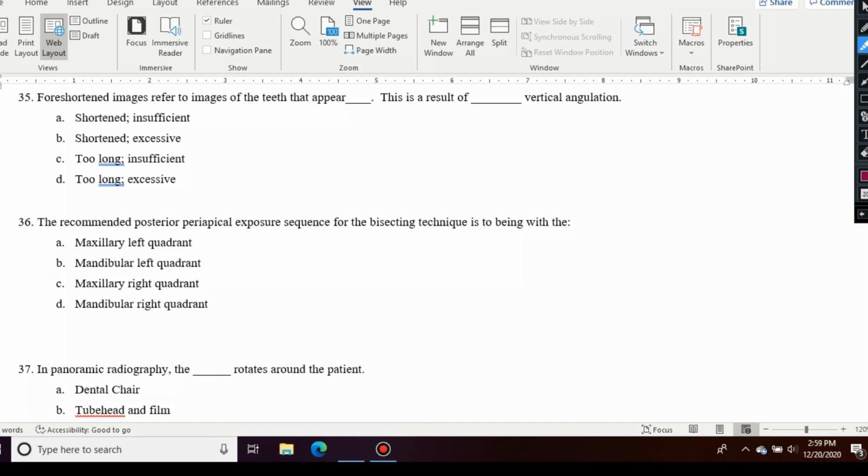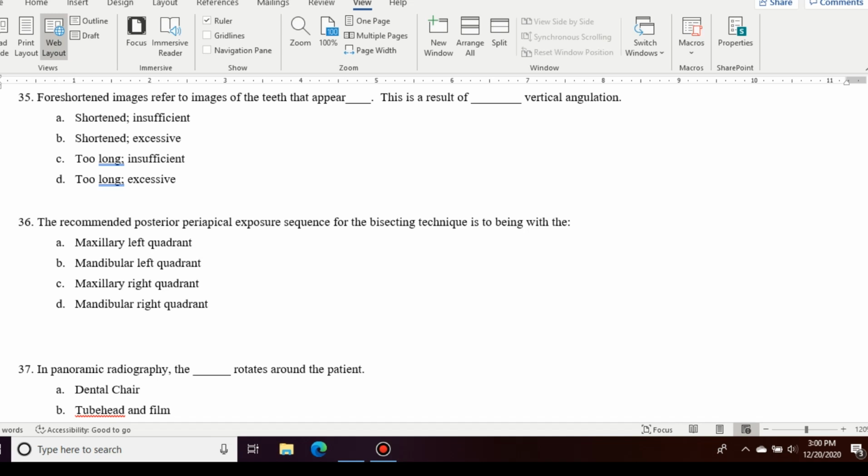The correct answer is B, shortened and excessive. So for shortened images, refer to images of the teeth that appear shortened. This is a result of excessive vertical angulation.